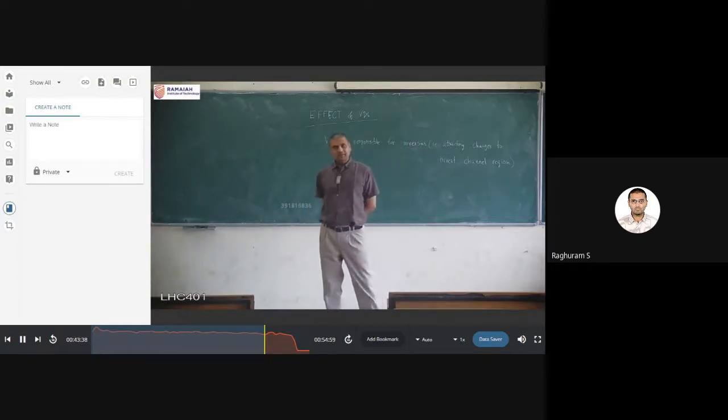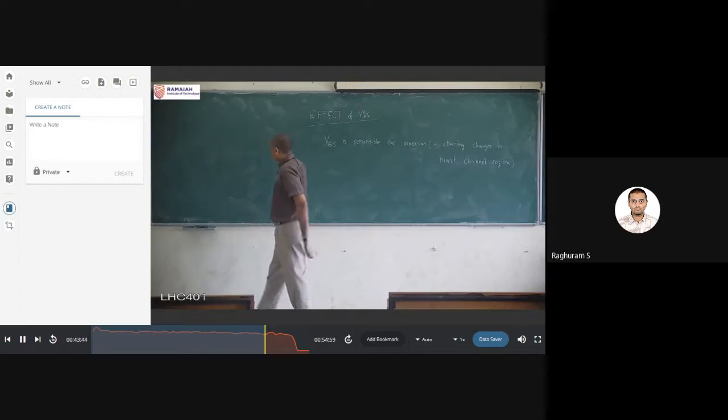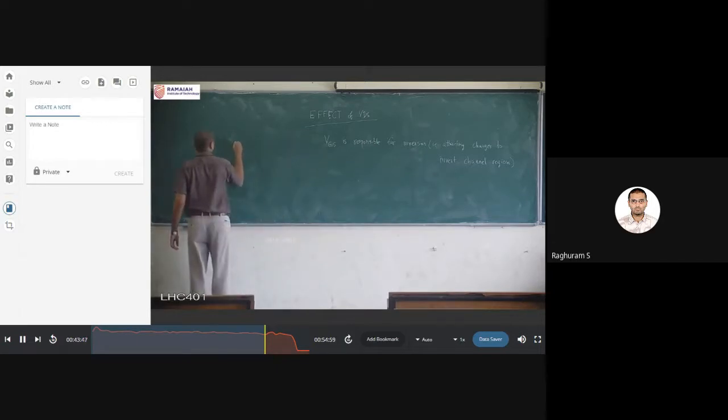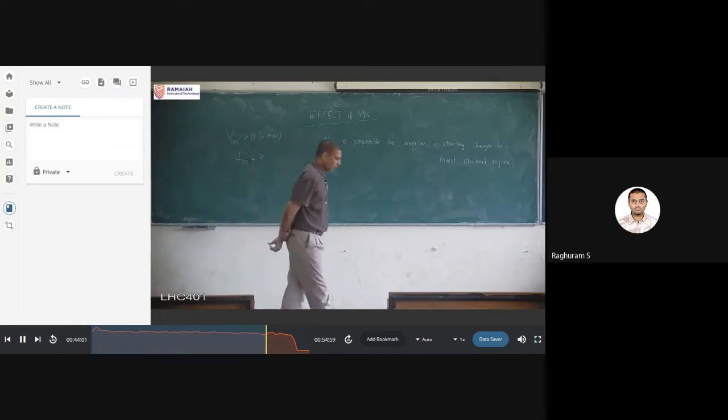But is the current zero or non-zero? Suppose I have VGS greater than 0 for an NMOS. What is the value of IDS? Is it going to be 0 or non-zero?